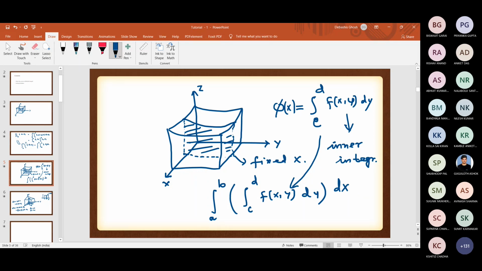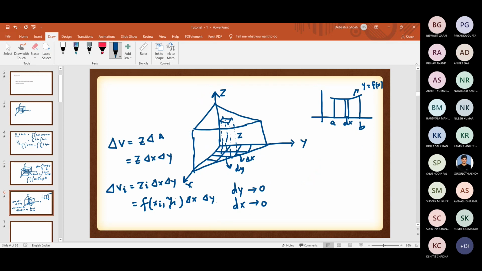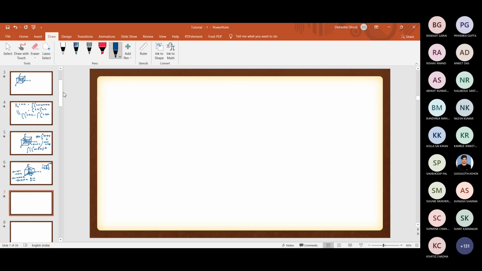Since that is a definite integral, all the properties of single integration hold here, such as the linearity property. If we have the integration over D of (f plus g) dx dy, it comes to the integration over D of f plus the integration over D of g.